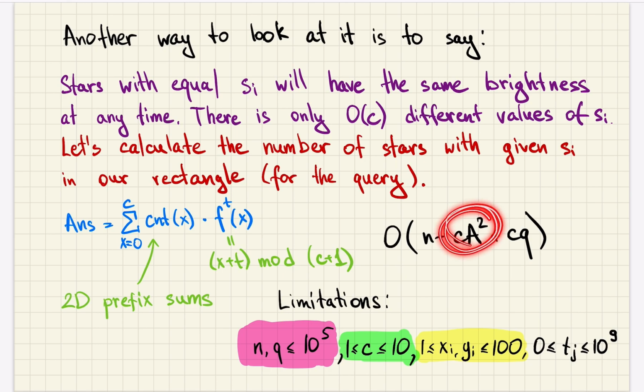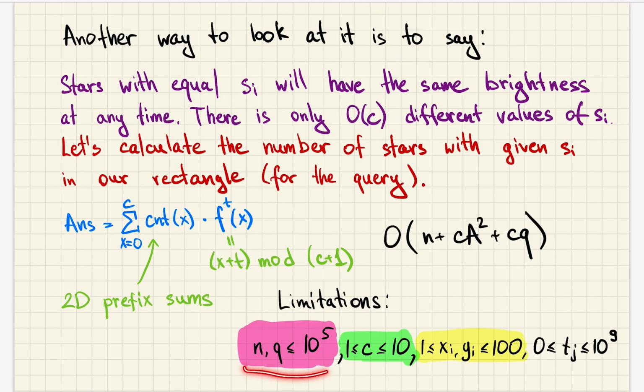For to be able to have this in our complexity, we need small c, we need small coordinates, and we do have them. So do not ignore the limitations, not on the size of input.